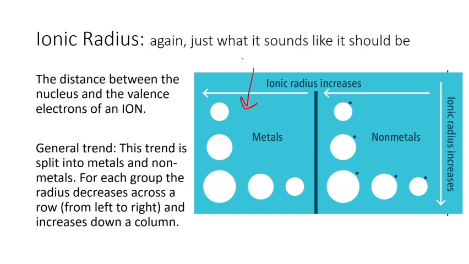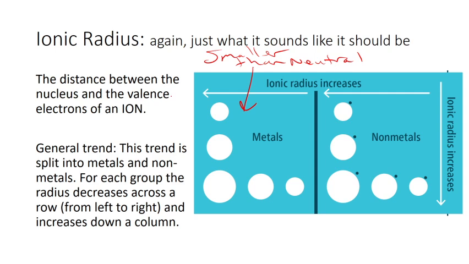So metals, right? Cations. Metals form positive ions, and they are always smaller than their neutral counterpart.